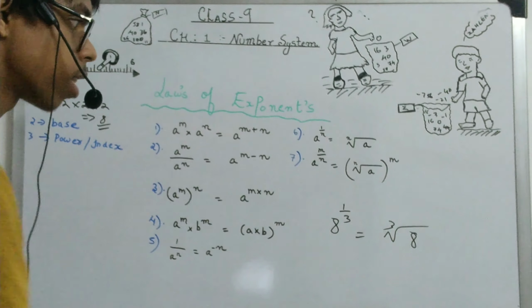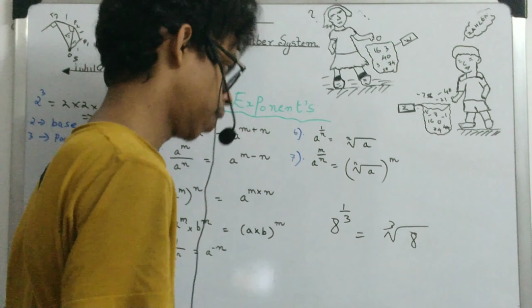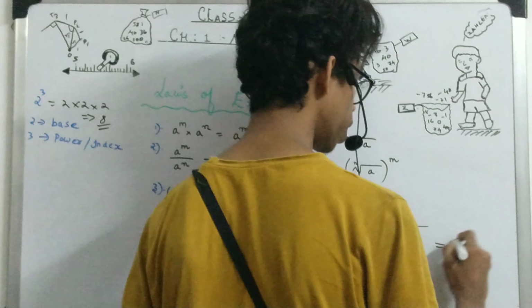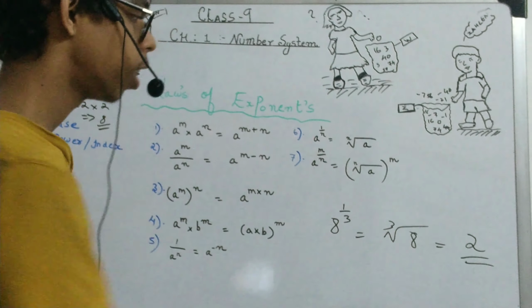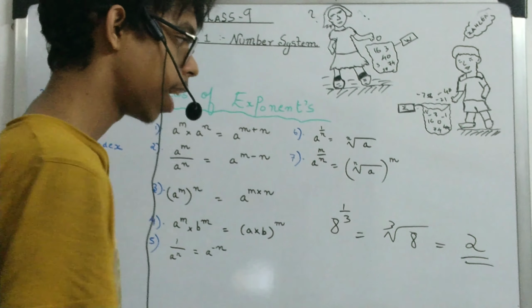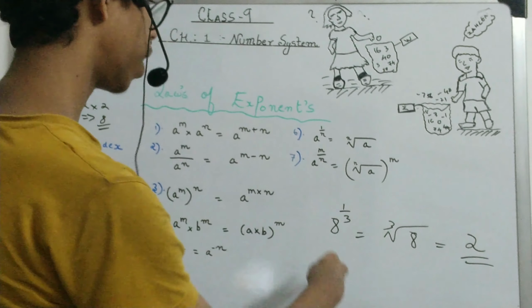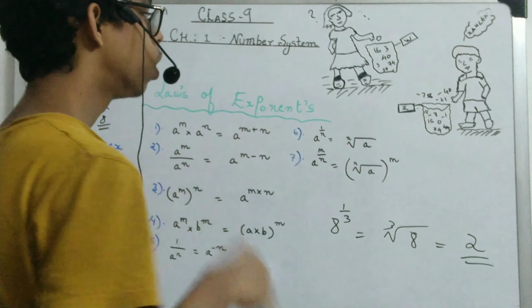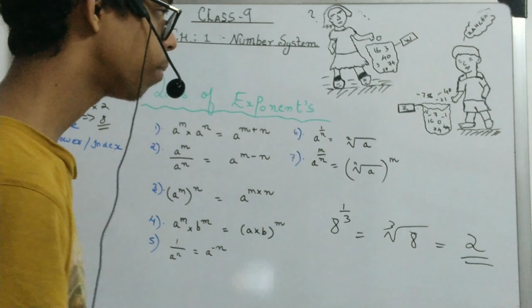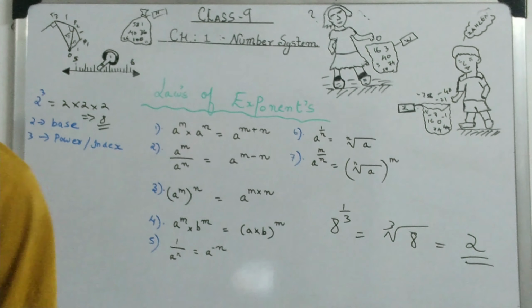So I will get my answer as cube root of 8. We know cube root of 8 is 2, because 2 into 2 into 2 gives us 8. This is the way in which we can bring a raised to a fraction form into the root form. I hope it is clear.